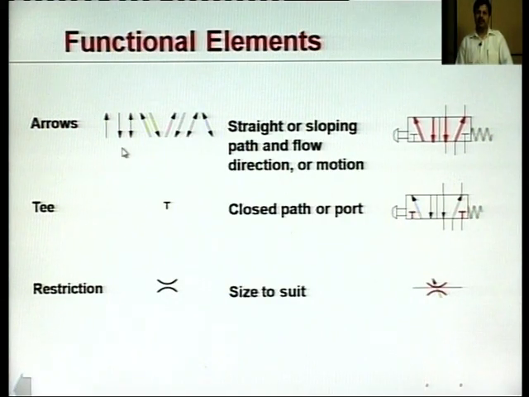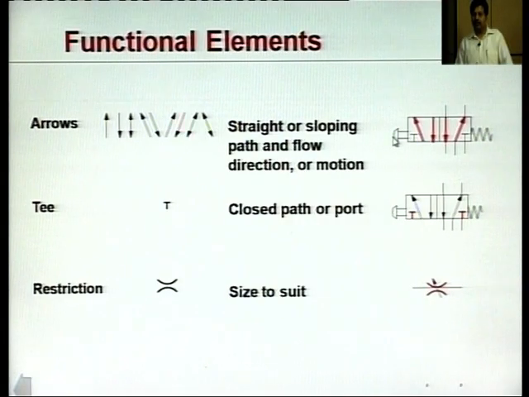These arrows are used to show the direction of flow of fluid that the fluid will follow when the particular circuit is in position. As in case of this valve, we can see there are a number of arrows which have been put on this valve, and it shows that when this particular block is in position of the valve, then the fluid will flow from this port in this direction, and the fluid from this port will flow in this direction.